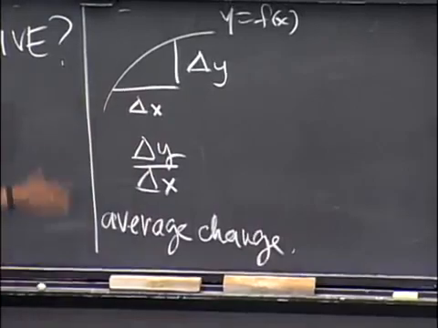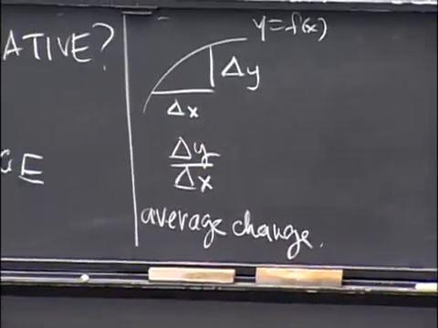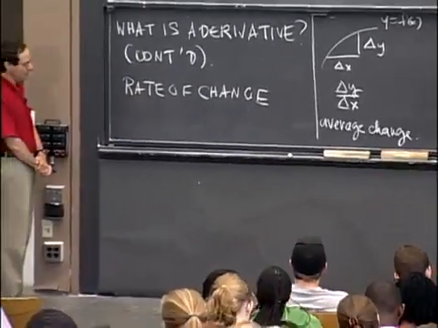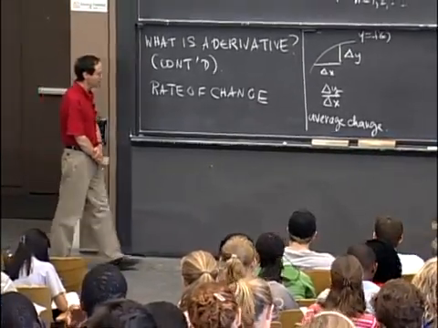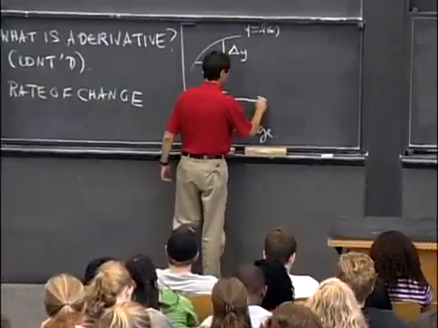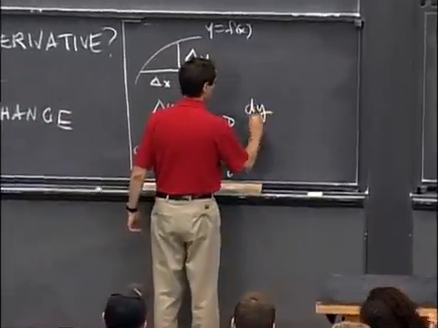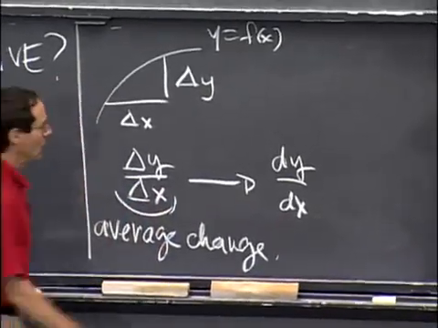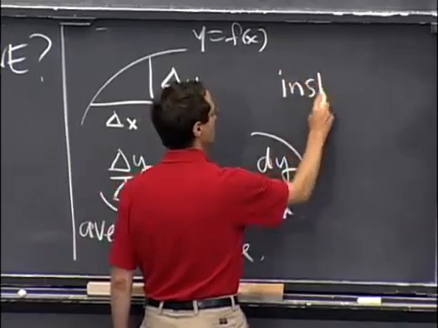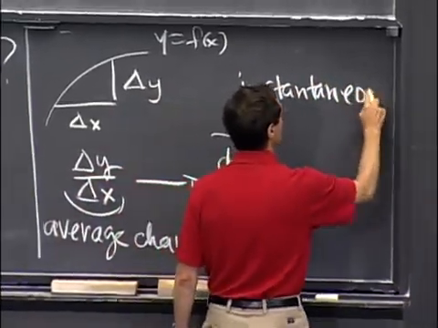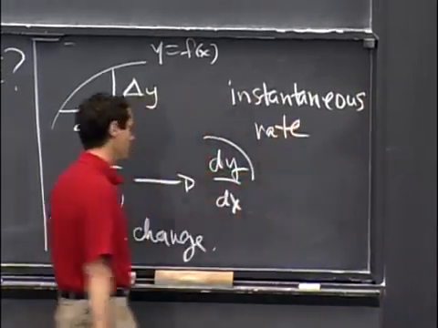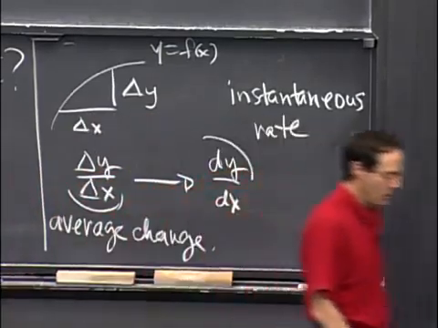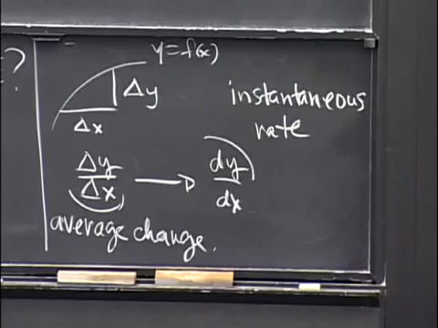Now, usually, we would think of that if x were measuring time, and that's when this becomes a rate. And the average is over the time interval delta x. And then the limiting value is denoted dy dx. So this one is the average rate of change, and this one is the instantaneous rate. Okay, so that's the point of view that I'd like to discuss now and give you just a couple of examples.